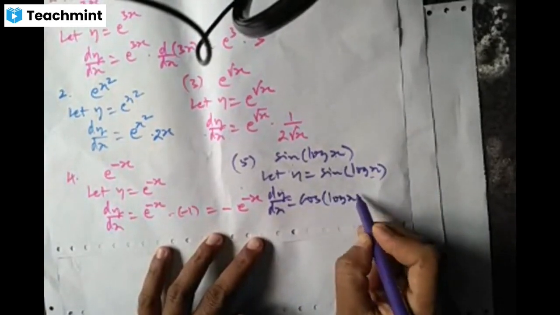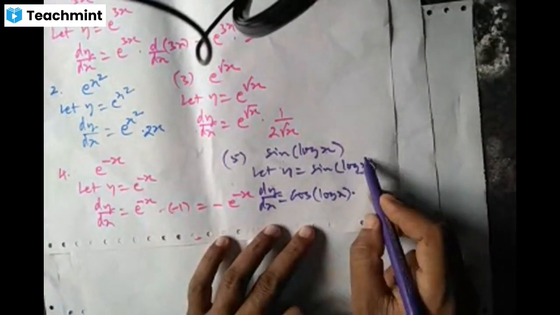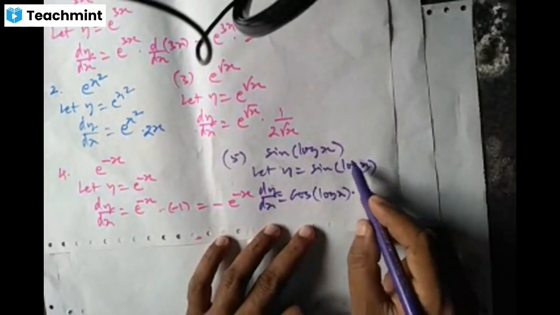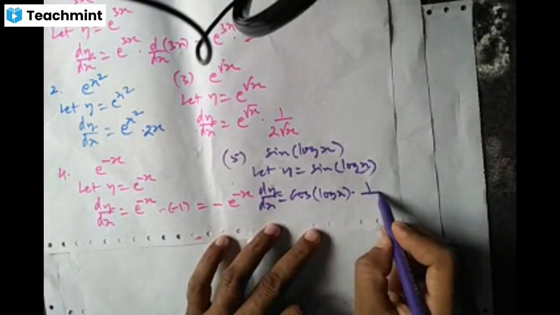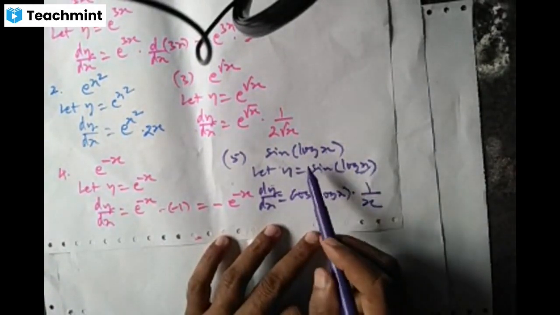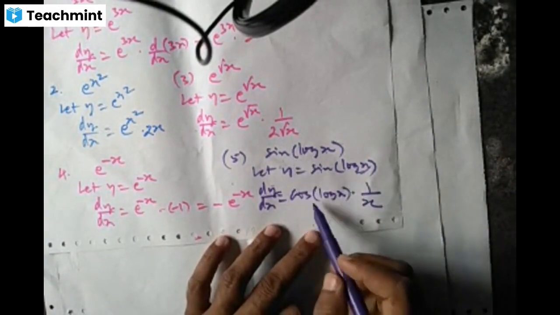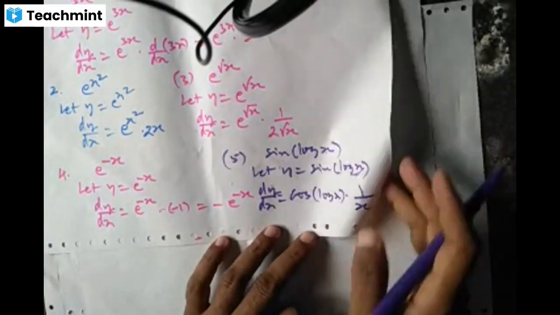But what is u? U is the function log x into d by dx of log x. Just now we have proved d by dx of log x is 1 by x, correct? So derivative of the function sine of log x is cos of log x into 1 by x, right?